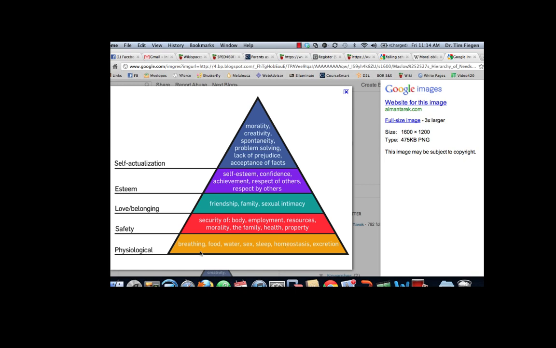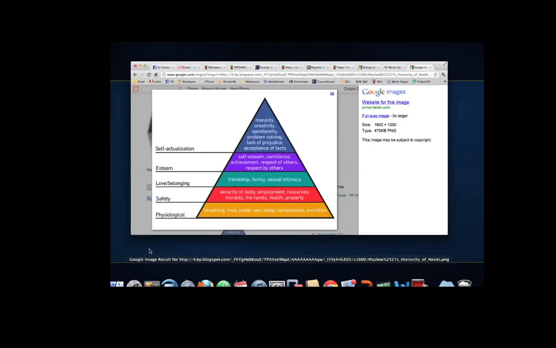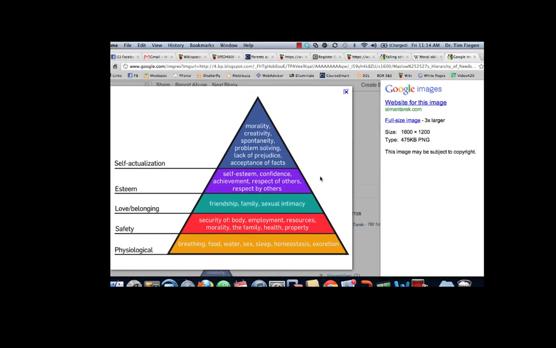You know, if a parent is at this level just worried about providing food and water, and to me, I don't know how sex fits in there. It's just a bizarre part of it here. But even sleep.